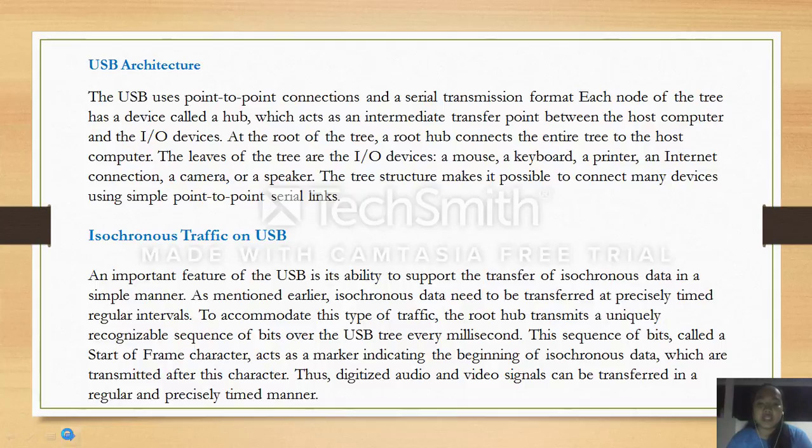Every millisecond, this sequence of bits, called the start of frame character, acts as a marker indicating the beginning of isochronous data, which are transmitted after this character. Thus digitized audio and video signals can be transferred in a regular and precisely timed manner.